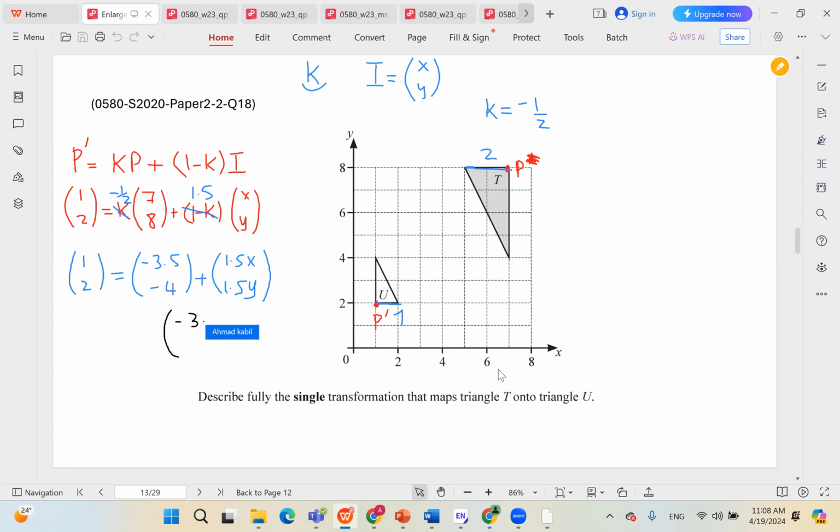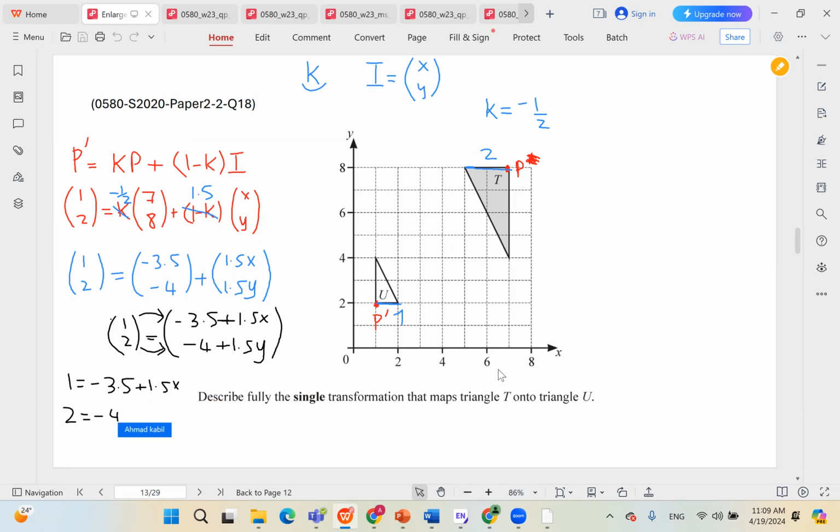We just have negative 3.5 plus 1.5x and negative 4 plus 1.5y. And this is equal to 1 and 2. So we compare the upper and the lower rows separately. So we have 1 equals negative 3.5 plus 1.5x. And we have 2 equals negative 4 plus 1.5y.